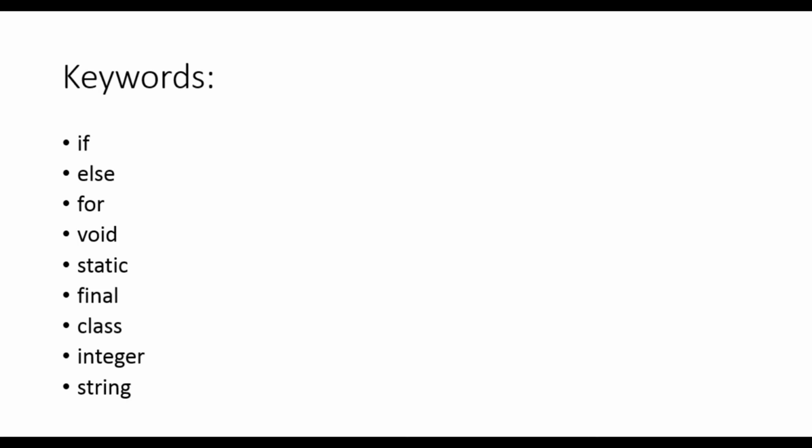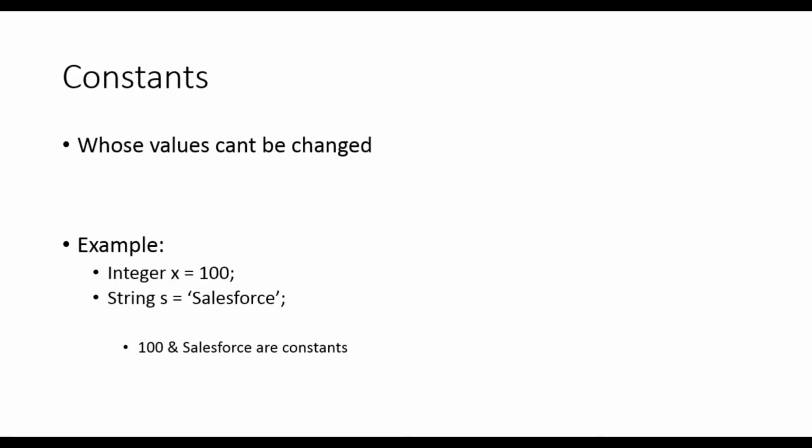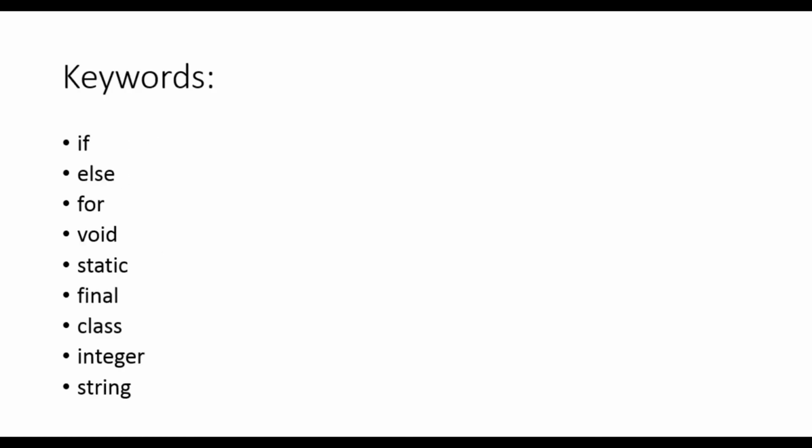So here I have taken the variable names as x and s, integer x, string s. While defining a name for a variable, we have some restrictions. We should not use the keywords as a reference variable name. We should not use these kinds of names to define a method name or a class name or a variable name.